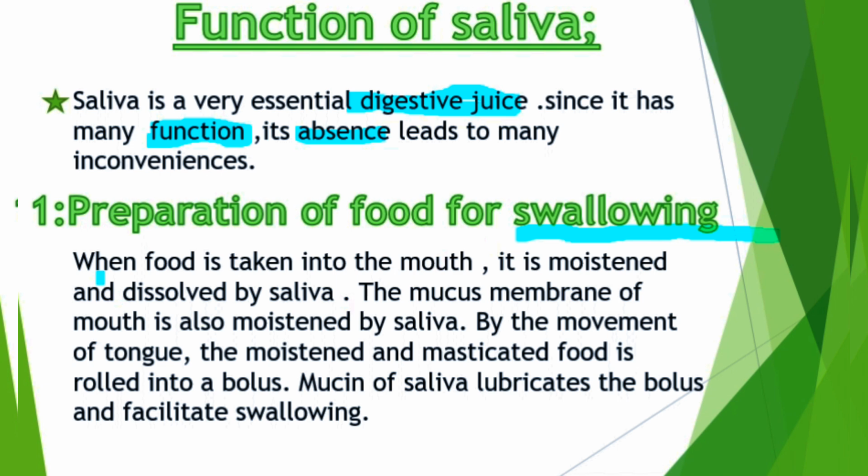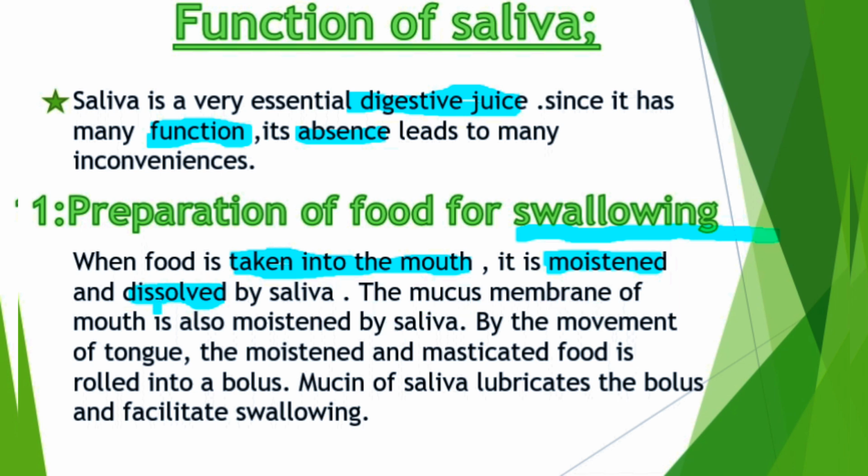Look at the sentence: when the food is taken into the mouth, which is simply called ingestion, it is moistened. Saliva is a watery liquid, so it moistens the food, and substances in the saliva dissolve the food.